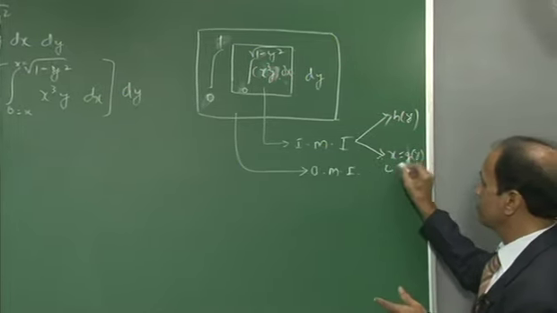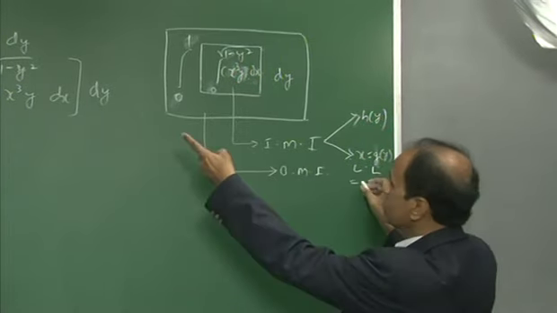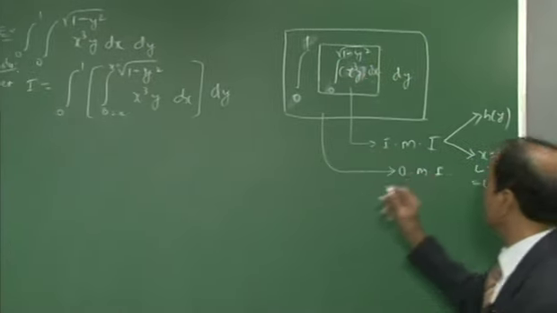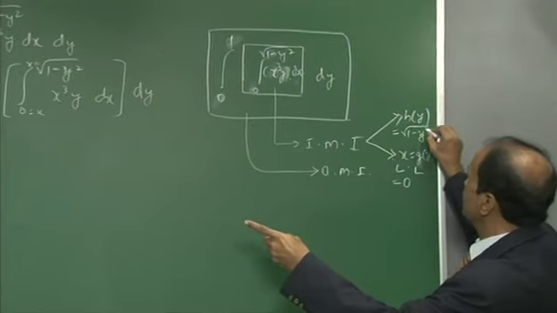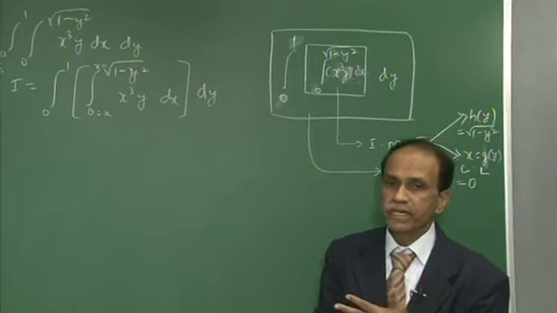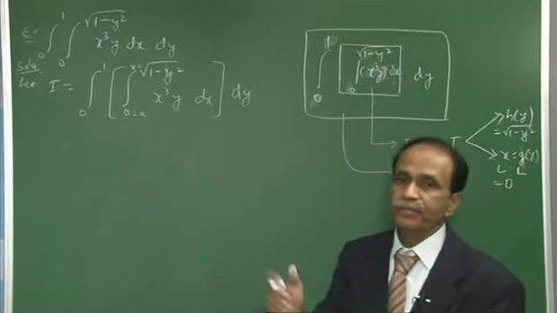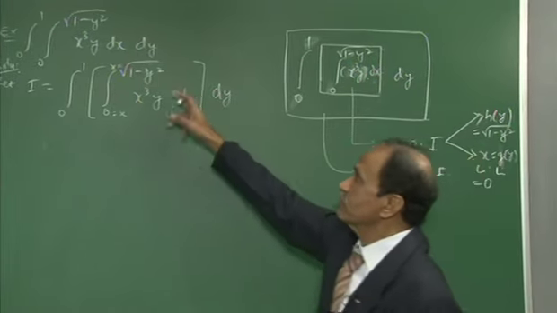If this is the lower limit, according to the given problem it is equal to 0. That means the lower limit is 0. According to the given problem, h of y is equal to square root of 1 minus y square. That means x is a function of y; the lower limit, coincidentally, is 0, and the upper limit is a function of y.